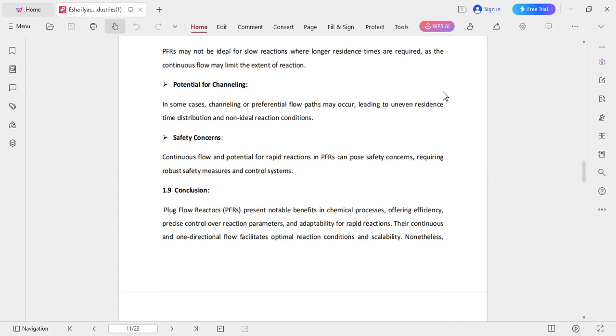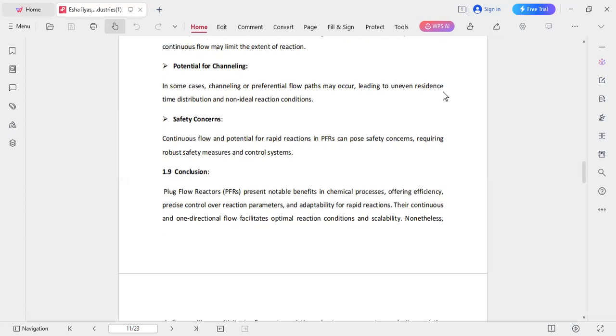Plug flow reactors present notable benefits in chemical processes, offering efficiency, precise control over reaction parameters, and adaptability for rapid reactions. Their continuous and one-directional flow facilitates optimal reaction conditions and scalability.